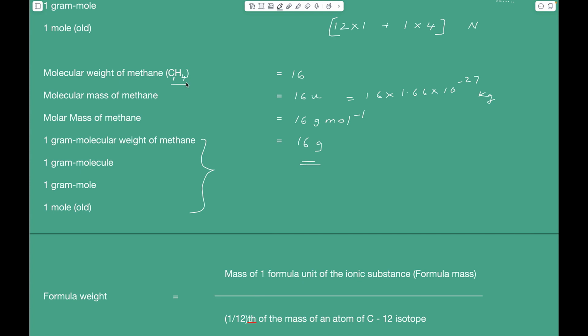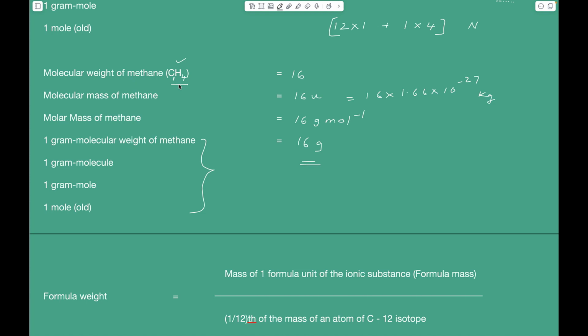We understand that methane is composed of separate independent methane molecules, and in each methane molecule there is 1 carbon atom and 4 hydrogen atoms. That's what we mean by this formula. That is why for molecular substances in general, the formula is also known as the molecular formula.